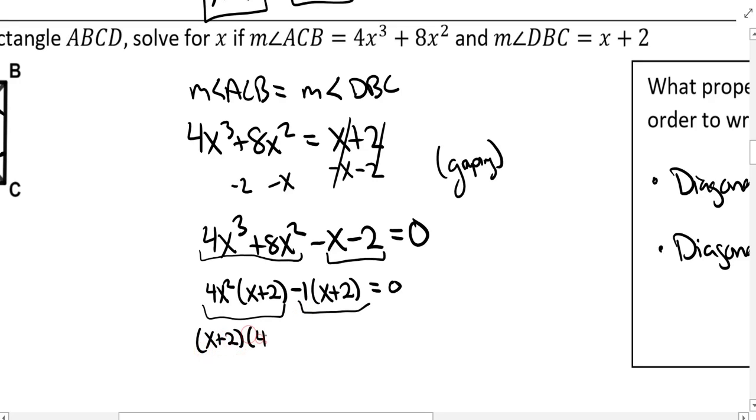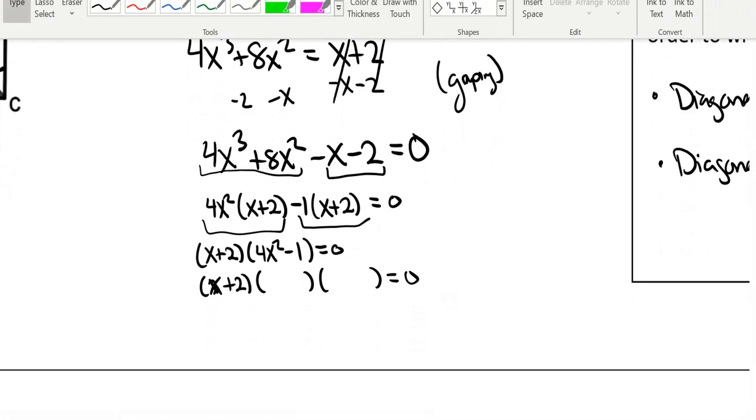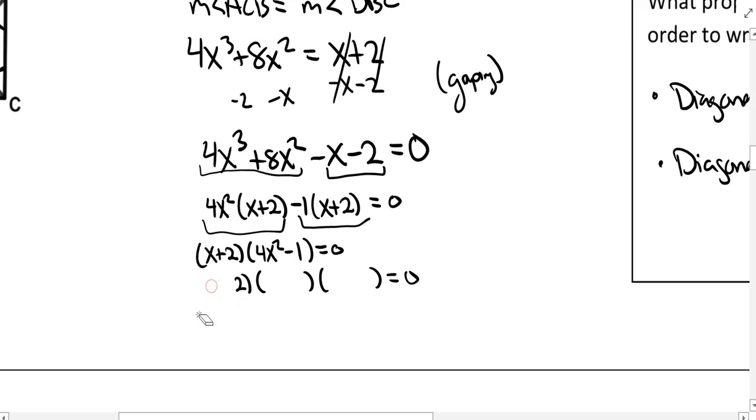What remains is the 4x squared minus 1, which itself is a difference of two squares, so we've got to factor one more time. The square root of 4x squared is 2x. The square root of 1 is 1.